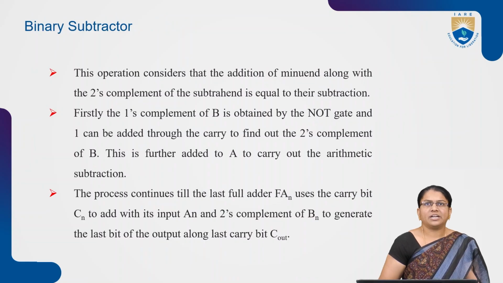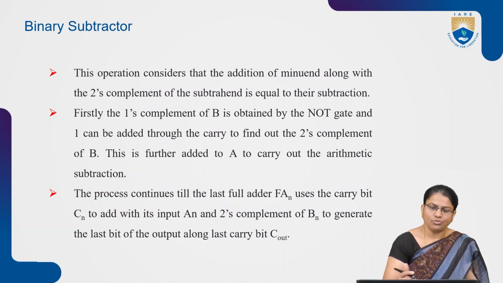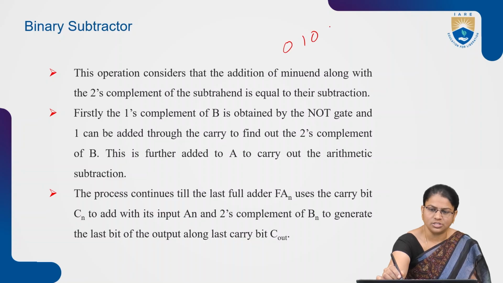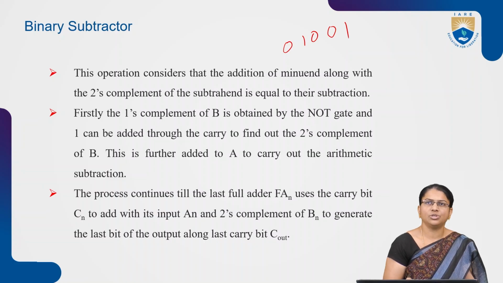So how the binary subtractor is formed: by taking the addition of the minuend and the 2's complement of the subtrahend, that is equal to what? The subtraction, right? Suppose you take any value, 0, 1, 0 or 0, 0, 1. Now you have to perform the 1's complement of this number. 1's complement means you have to replace zeros with 1's and 1's with zeros.